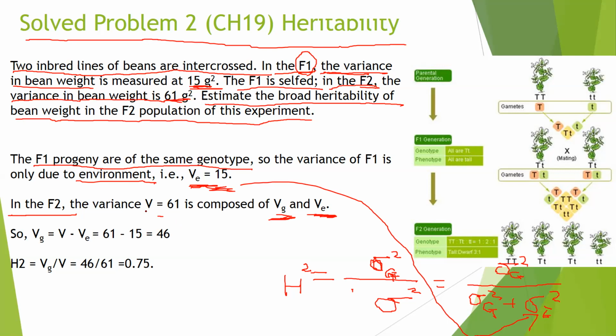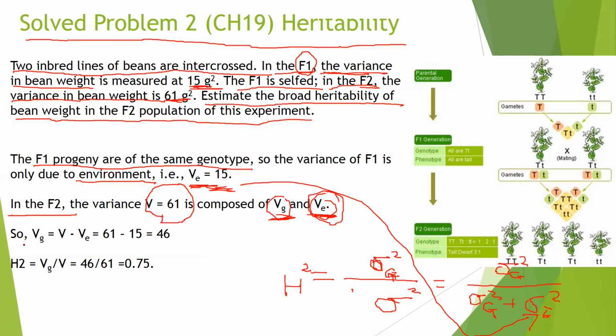But the total we observe is 61. So how can we get these two numbers? If we assume the environmental variation, sigma square of the environment, is the same for F1 and F2 progeny, then this should be 15 as well.